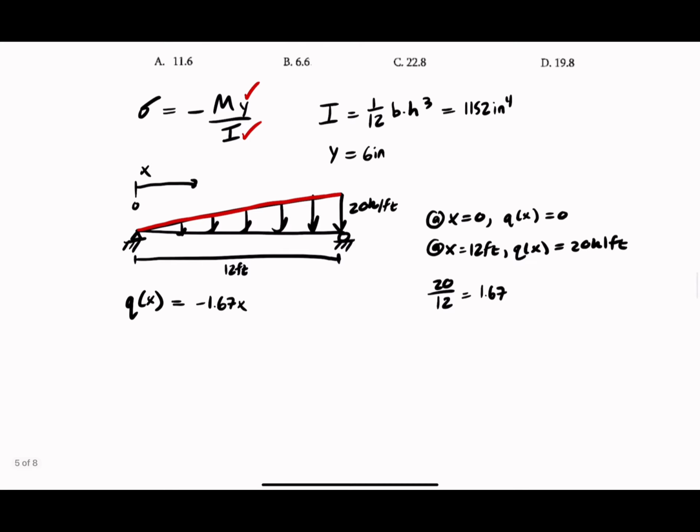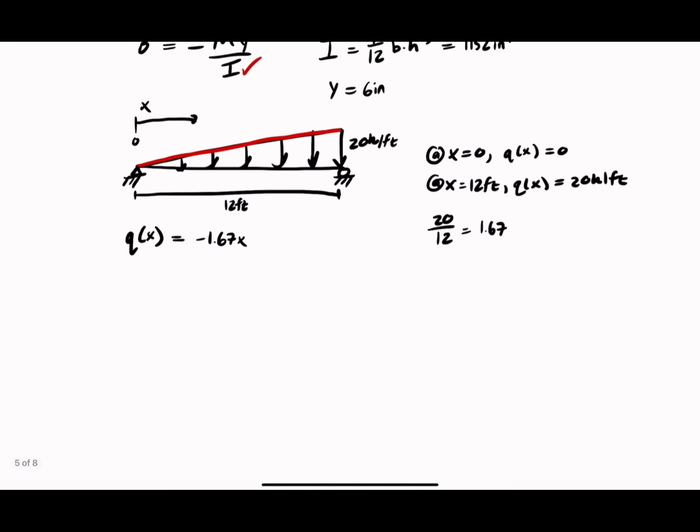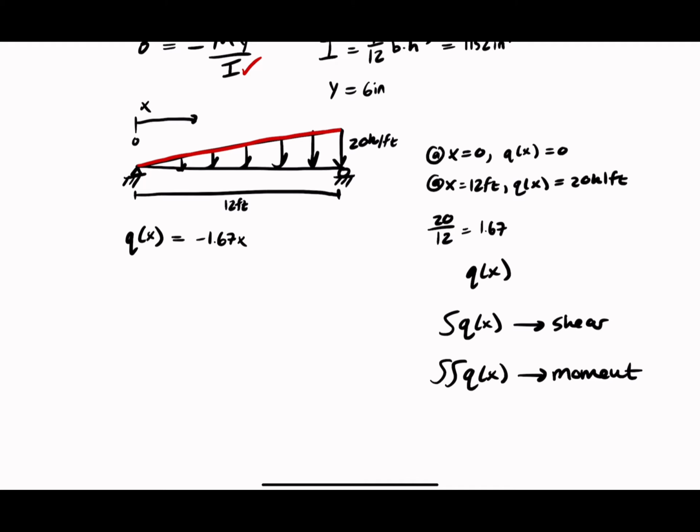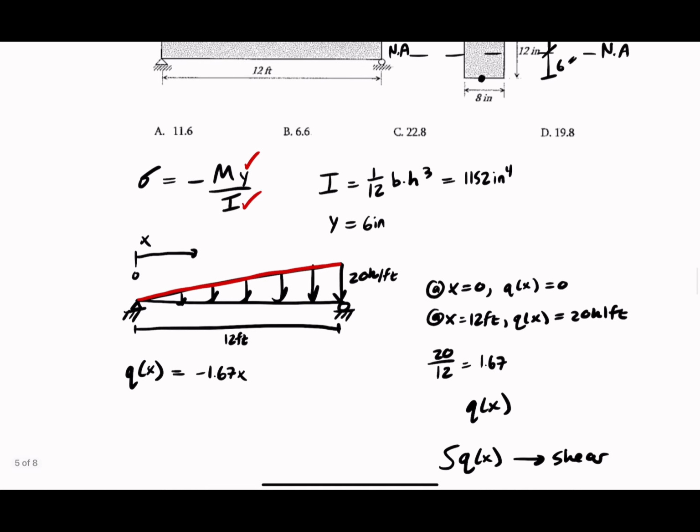So let's integrate this function and see where it takes us. One thing to note as well, when we integrate a function q of x like we have here, integrating once gives us our shear. When we integrate that function twice, it's going to give us our moment distribution, our moment equation. Just a couple of things to keep in mind, and ultimately, I'm trying to find that moment.